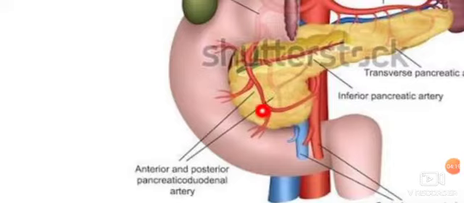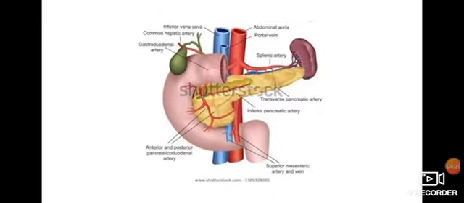This is the inferior pancreaticoduodenal, this is the superior pancreaticoduodenal, and both these arteries anastomose along the lateral border. The superior border has this artery, the inferior border has this artery, and the lateral border has this artery, along with the three different parts of the duodenum. That is about the relations of its borders.